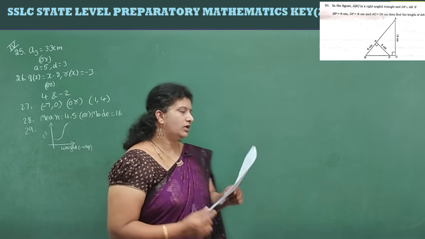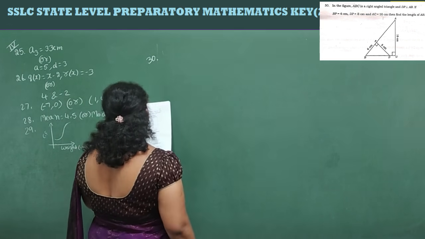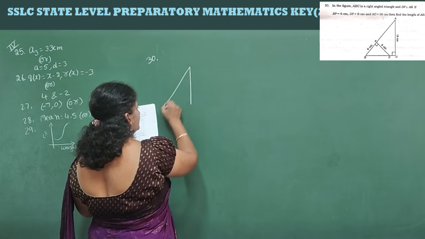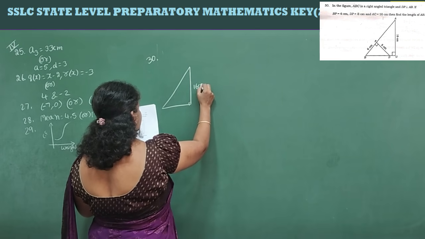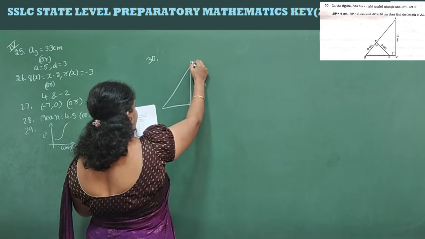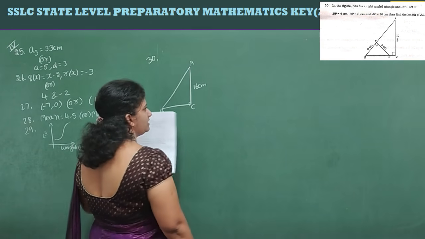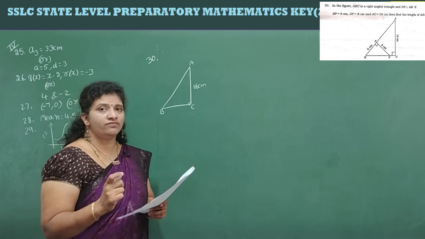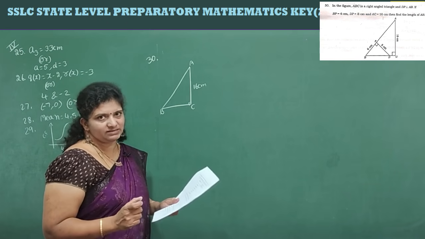Next, coming to the 30th problem. In the figure you can see a right triangle, 16 centimeters, A C B. See there, you can see some other figure there, but I am going to draw the figure separately in such a way you will understand very easily.